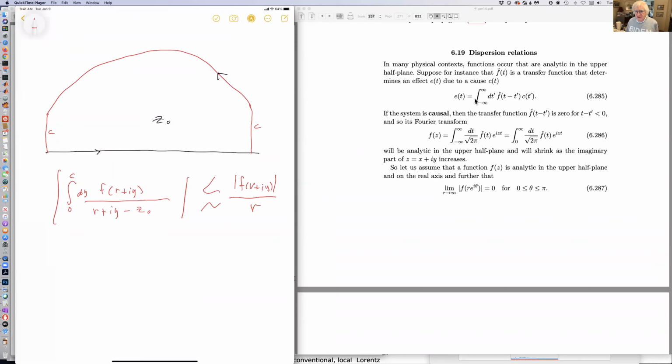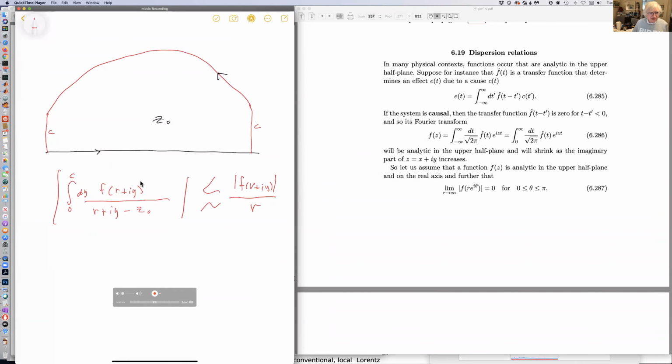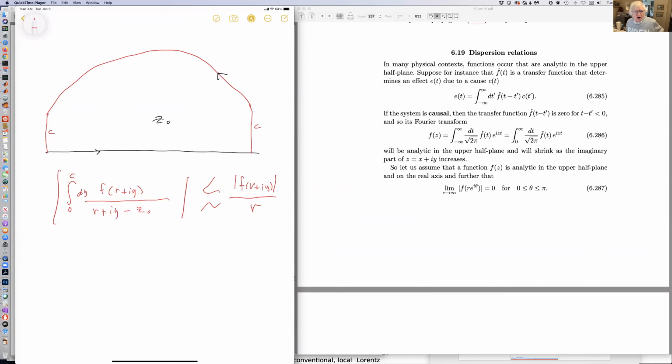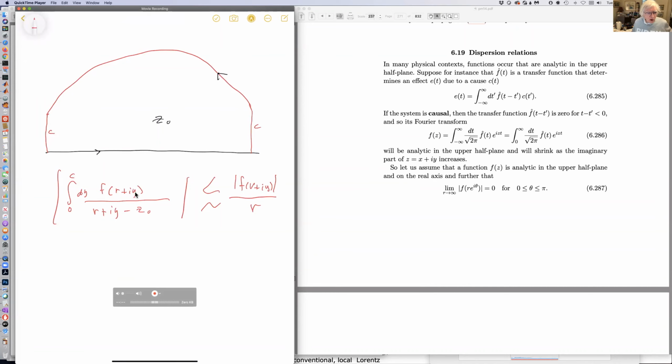So now we're dropping these two equations, and we're just imagining that we have a function f of z that's analytic in the upper half plane and on the real axis. And I'll add that it goes to a constant, let us say, as r goes to plus or minus infinity. So let's assume that at first.